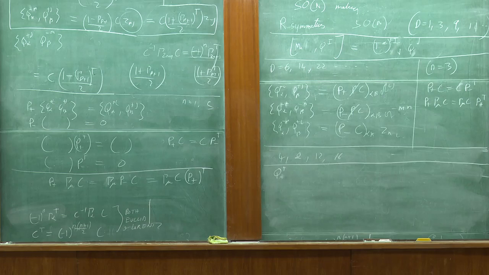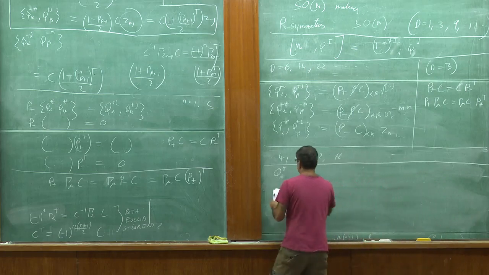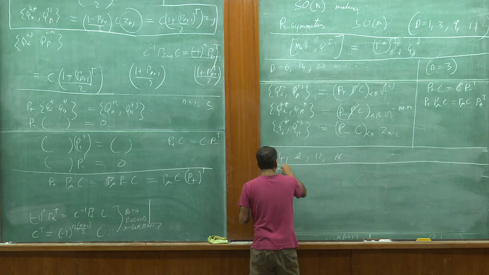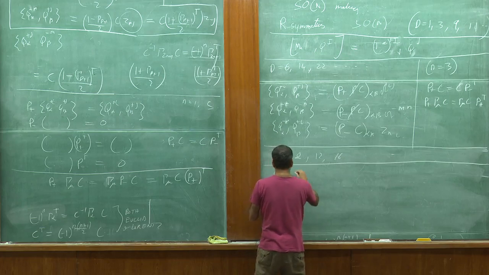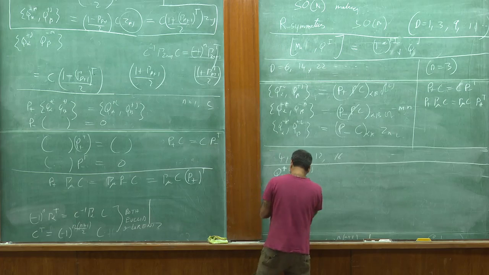So let's let the spinors, which are now always chiral, I'm going to remind you that they're chiral with a plus in the notation. Let the spinors be Q plus I and Q plus J. And I will sometimes take Q plus bar.